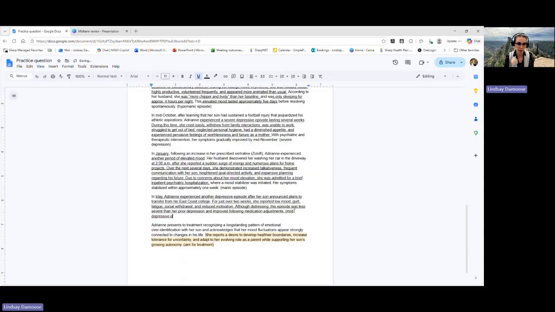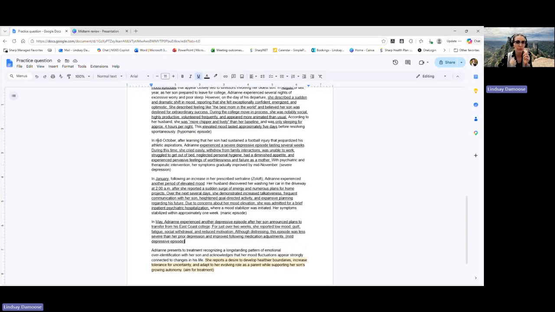Not as bad, still notable. Low motivation, guilt, fatigue, social withdrawal, a low mood. Reduced motivation. Although distressing, this was less severe, right? So it still tells us that it is a depressive episode. It's just not the same.